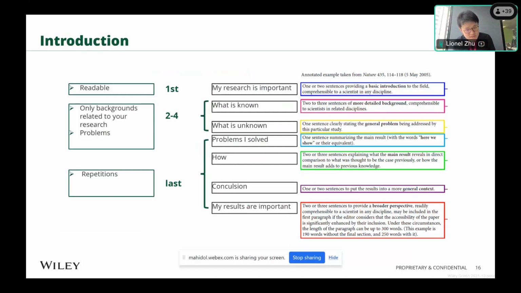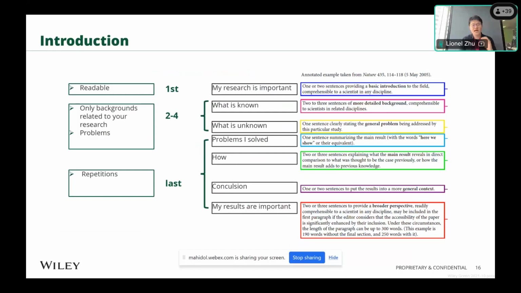This is the introduction as suggested in the paper in Nature. It's the same. Actually, the introduction is the expansion of the abstract. It needs to be readable. Starting with why my research is important, what is known, what is unknown, and then the problems I solved, how I solved them, and the conclusion. My results are important.